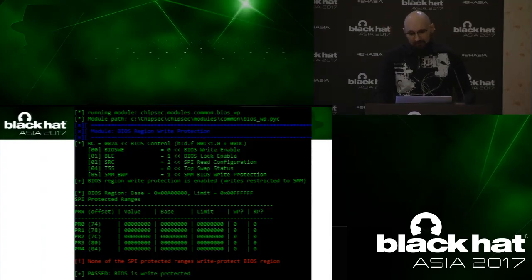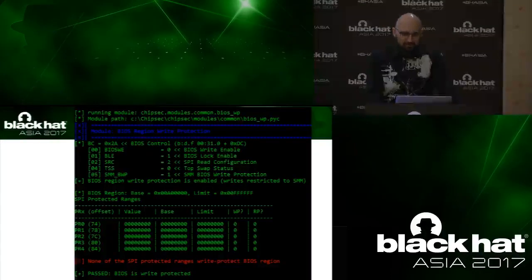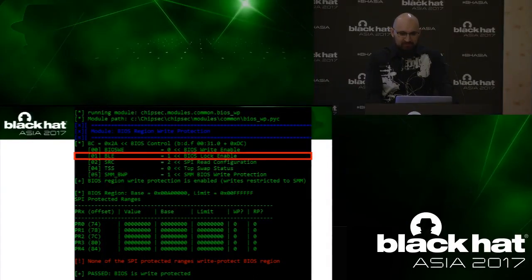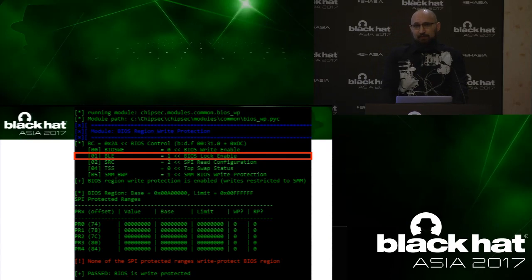On this platform, with BIOS lock enabled, you can see BLE is set to 1 and BIOS write is 0. That's exactly because we use a vulnerability with a non-authenticated BIOS update and deliver the update through the legit updater.